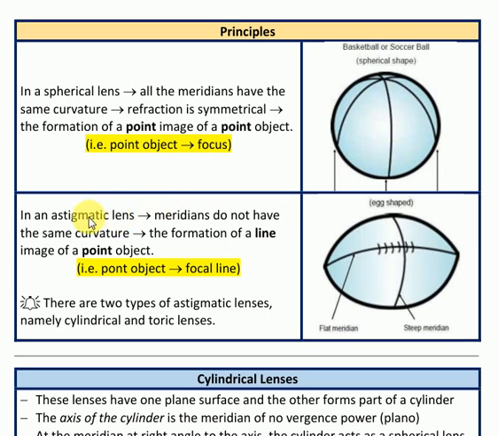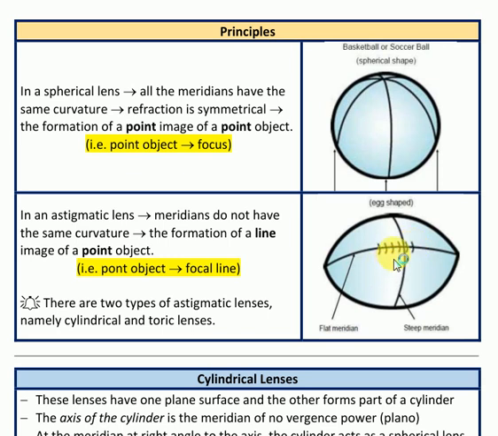Now in astigmatic lens, the difference is that the meridians do not have the same curvature. So this meridian and this meridian are different, have different curvature. One is steep and the other is flat, and there is formation of a line image of a point object.